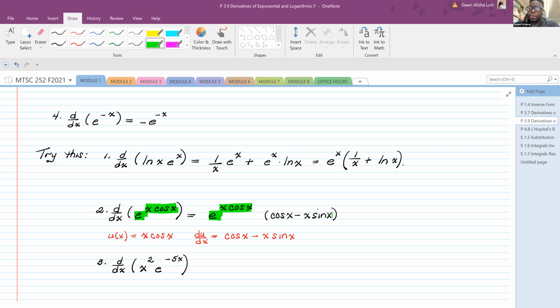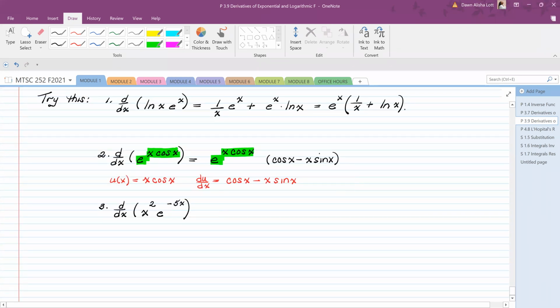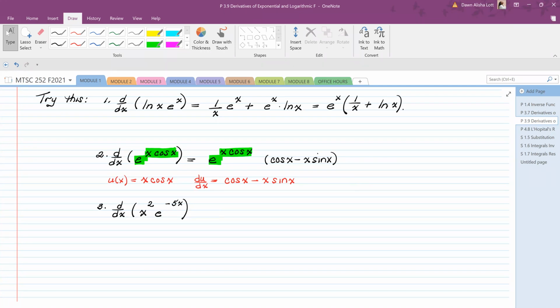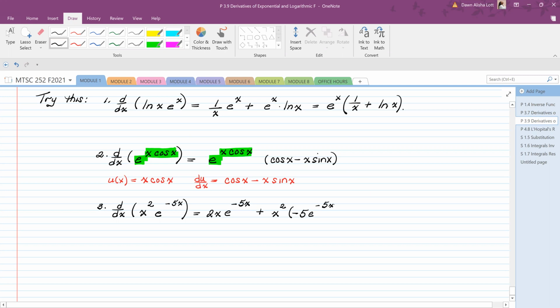No problem. Okay, so in the third one, what is u? Well, u is negative 5x, so that's okay. I'm going to use the product rule again. The derivative of the first is 2x times the second, e^(-5x), plus the first, which is x squared, times the derivative of the second, which is -5 e^(-5x).